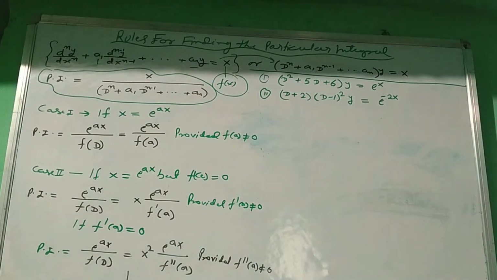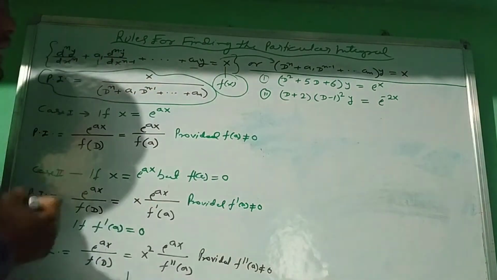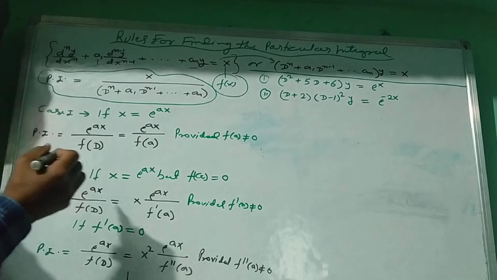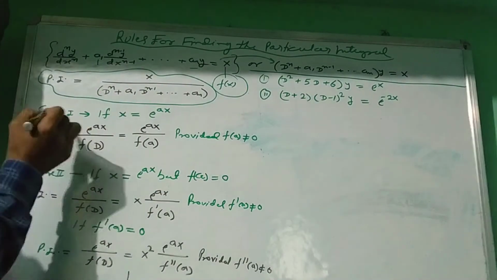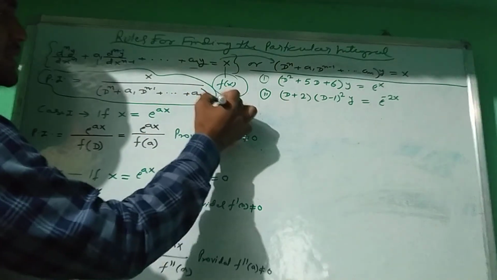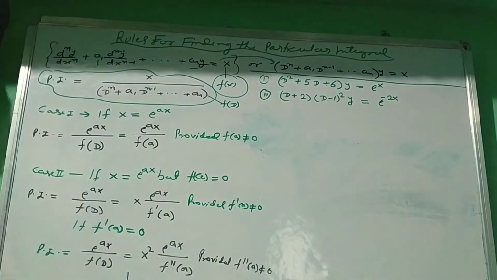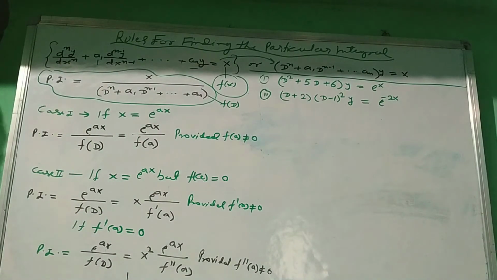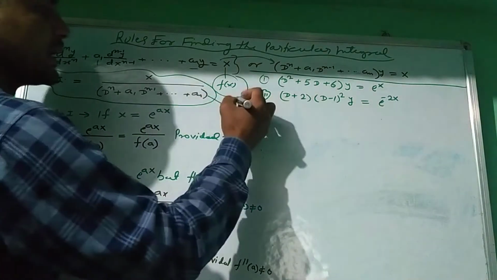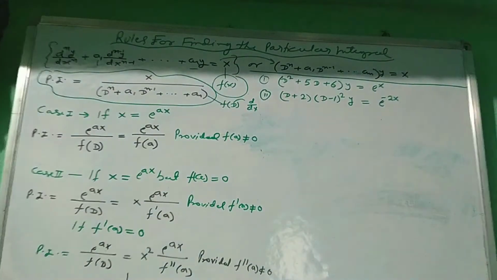Behavior means, suppose f(x) equal to e to the power ax, then the particular integral equal to e to the power ax upon f(D), where f(D) equal to this denominator part. We can denote this denominator part by the symbol f(D), because this is a function of D, and we already know the value of D equal to d over dx, right?